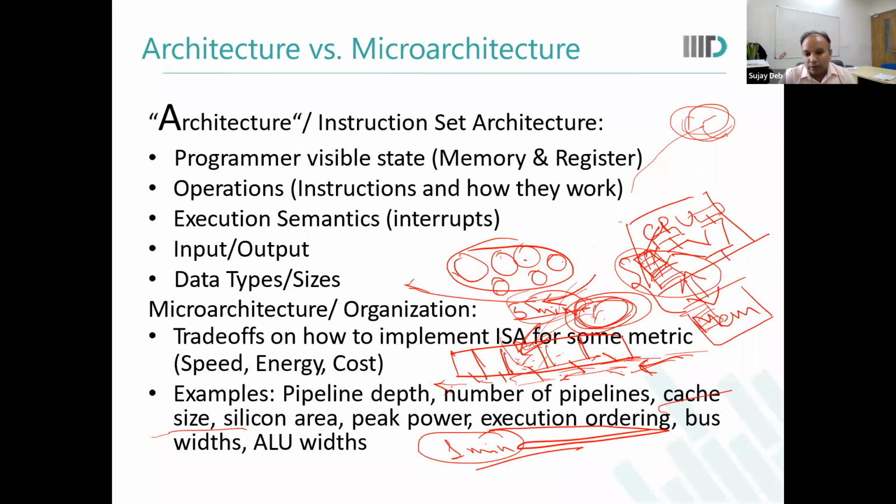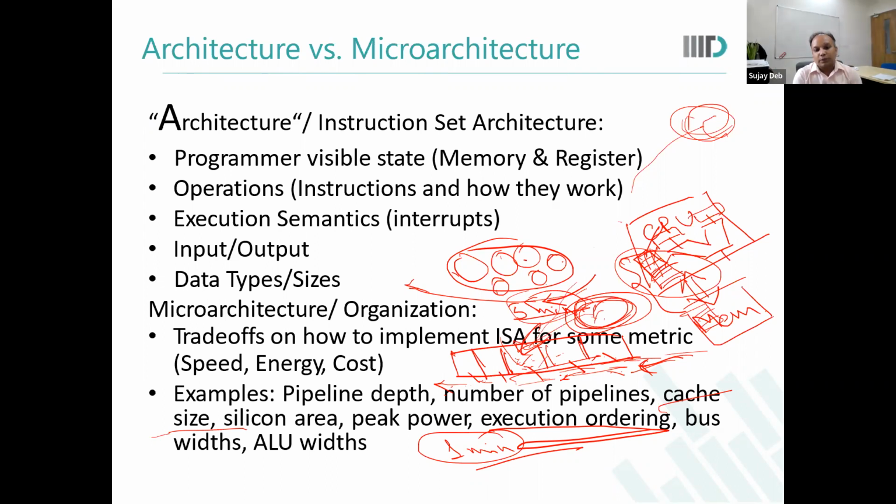ALU width is equivalent to how big a number you can deal with. Whether it's a 32-bit number or a 64-bit number, though your ISA says that it's a 64-bit number, in the implementation you can actually divide that 64 into 32 and 32 and do all your arithmetic operations like that.